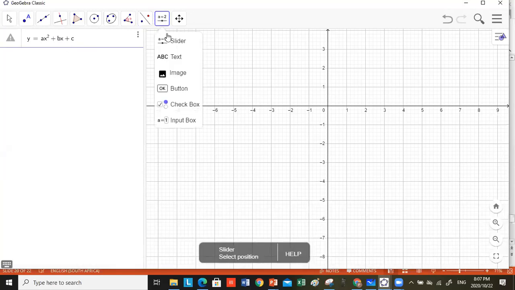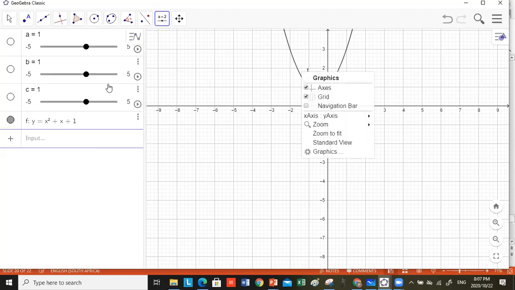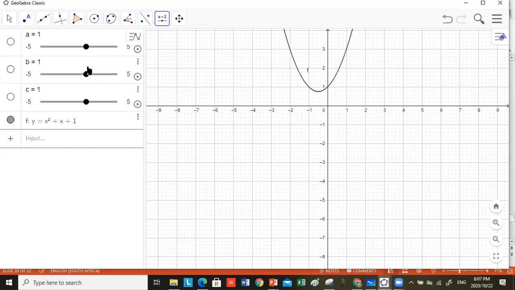Then let me have the sliders. Okay, here are my sliders. Let's see if this is going to respond. Let's see if we're moving an A. Yes, now that's wonderful.